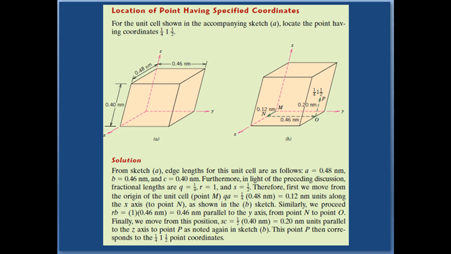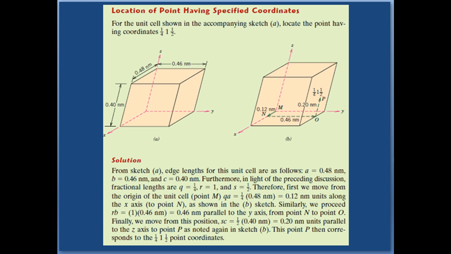These edge lengths are along the x, y and z axes. a represents the edge length of the unit cell along the x axis, which is 0.48, b represents the edge length along the y axis, that is 0.46 nm, and c represents the edge length along the z axis, that is 0.40 nm.